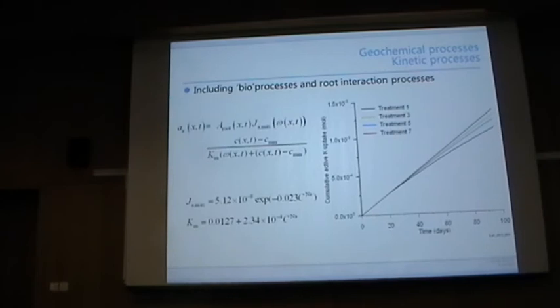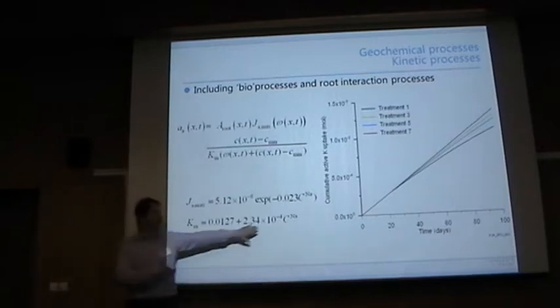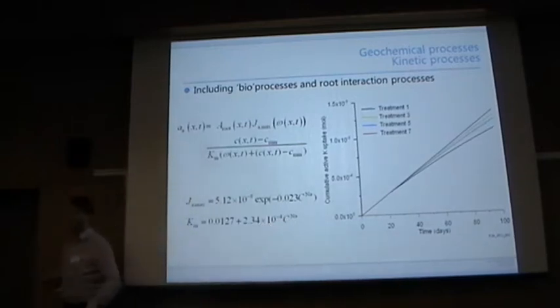And then, and that was on the poster yesterday, we can also include active root uptake of nutrients or species. The difference with the implementation in HYDRUS is that you can make your parameters dependent on your solution chemistry, if you want to do that.